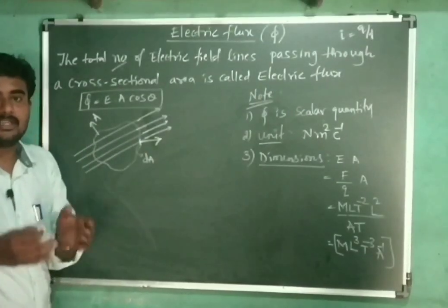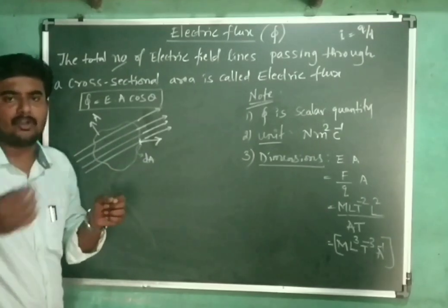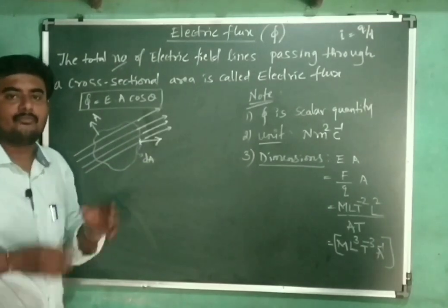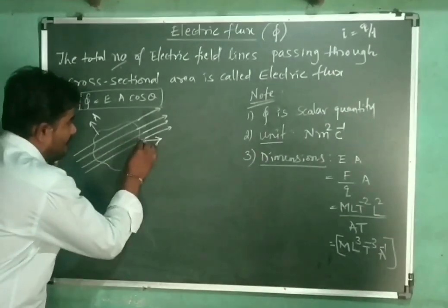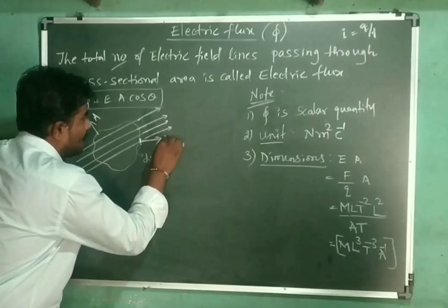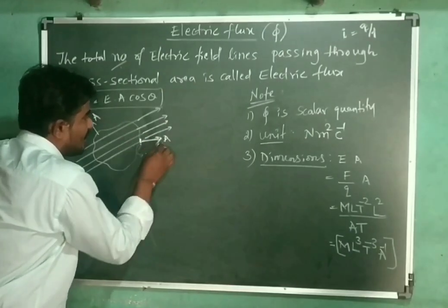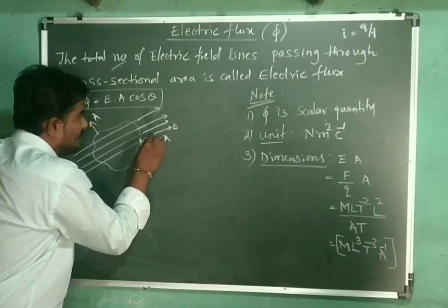For open surface, it is perpendicular to the surface. For closed surface, it is outward normal. And for this small dA area, this is the area vector, and you can observe here there is an angle between area vector and electric field, and that angle is theta.